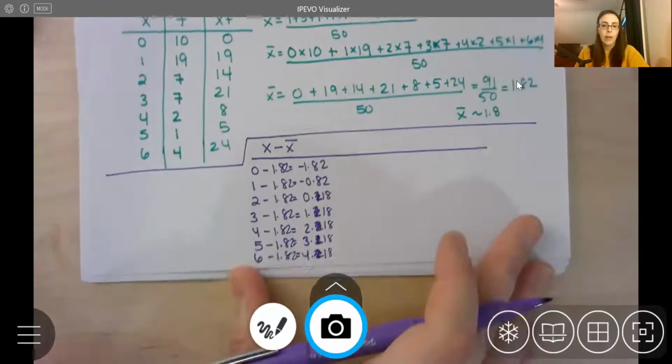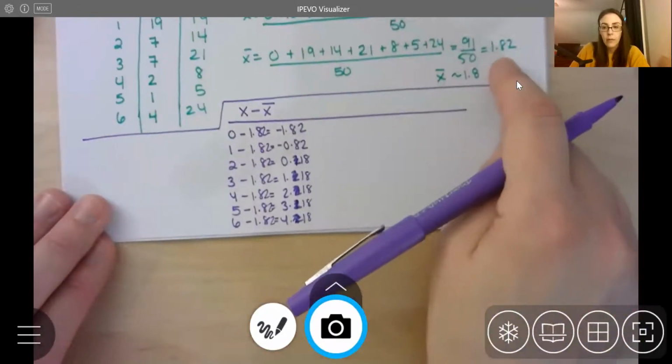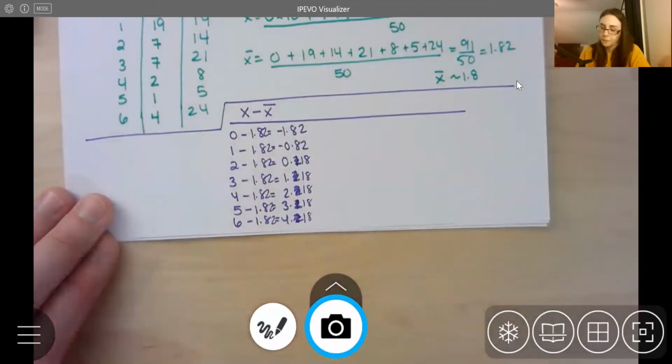All right, so I'll stick with that way to make it a little bit more accurate, using the full version of the mean rather than the rounded version. And then there's going to be my subtraction.